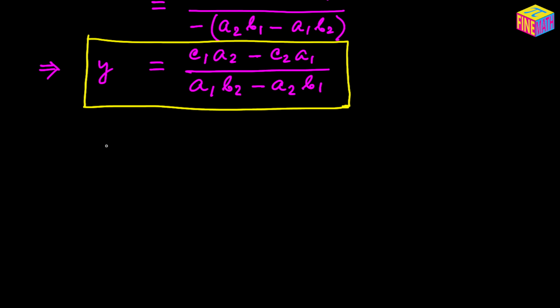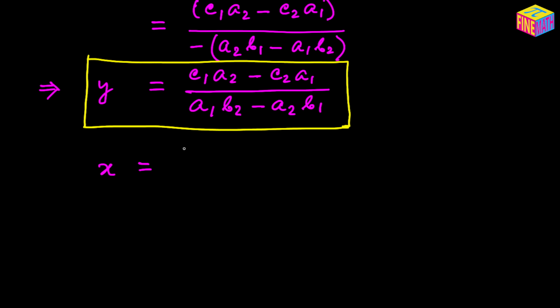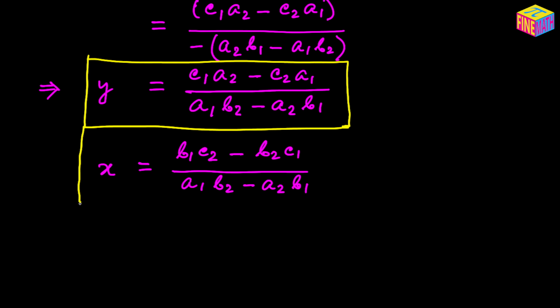So I'm going to write the value of x here again. So value of x is equal to (b sub 1 c sub 2 minus b sub 2 c sub 1) whole divided by (a sub 1 b sub 2 minus a sub 2 b sub 1). Now carefully look at the values of x and y, right?